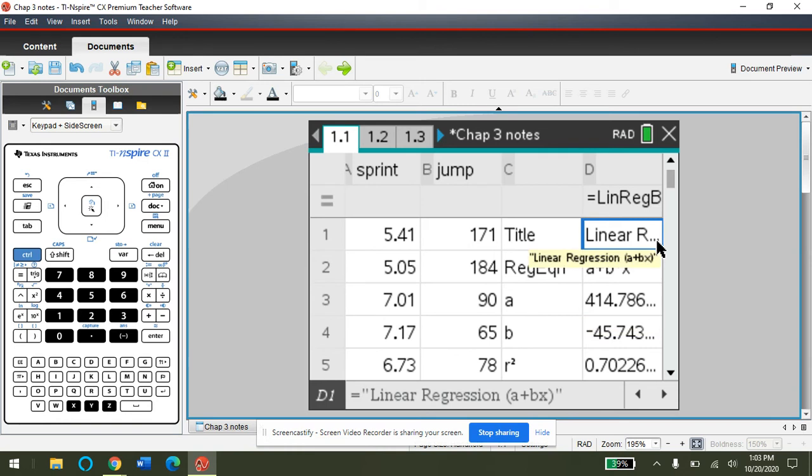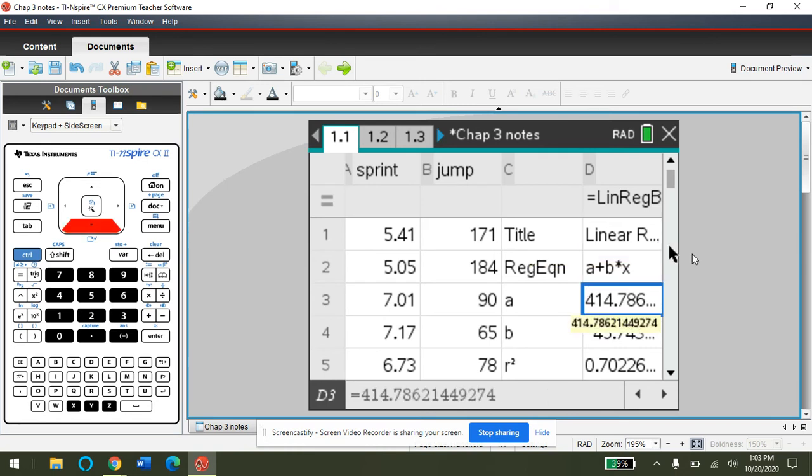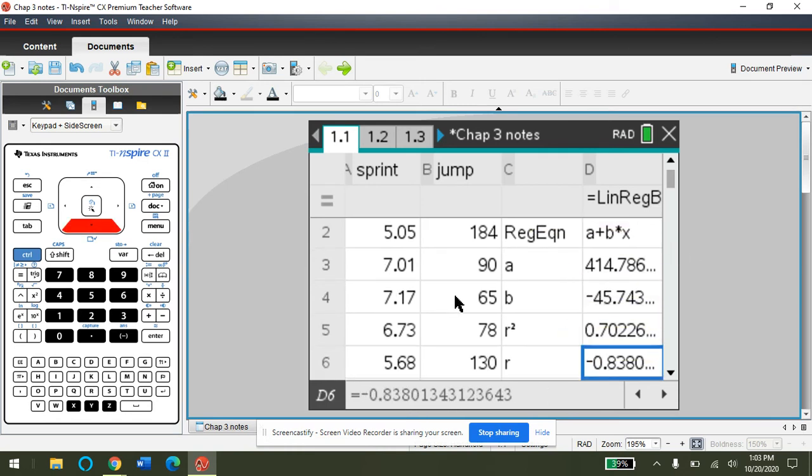You will see that if you scroll down here, there's your R, negative 0.84 that they gave us. Be careful that you don't use R squared. We'll deal with that later in the next section. We want just the R. Also be careful on your calculator screen, this negative sign is really tiny. It's like barely a pixel.